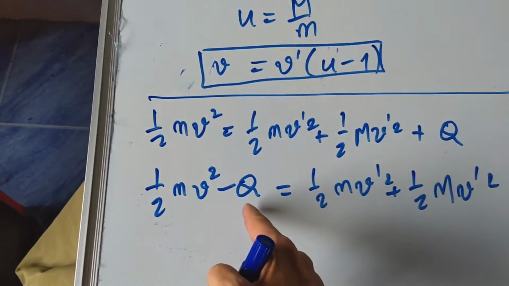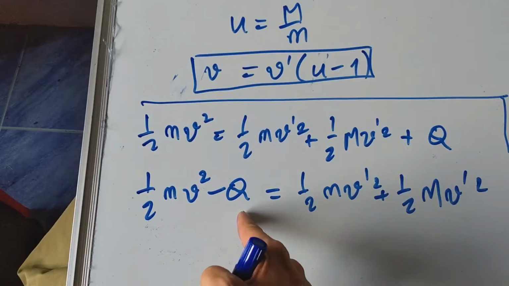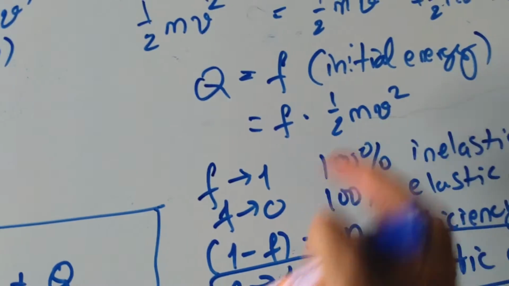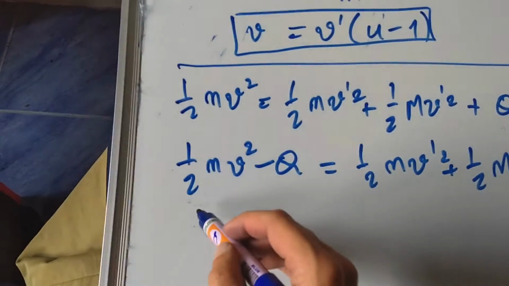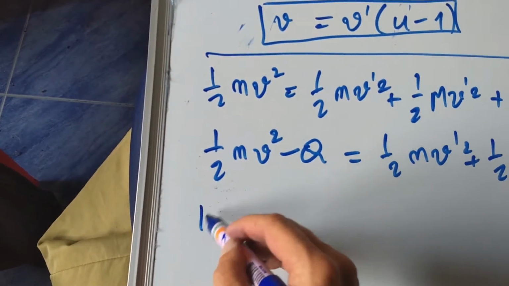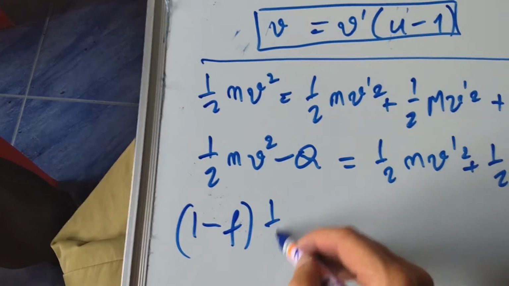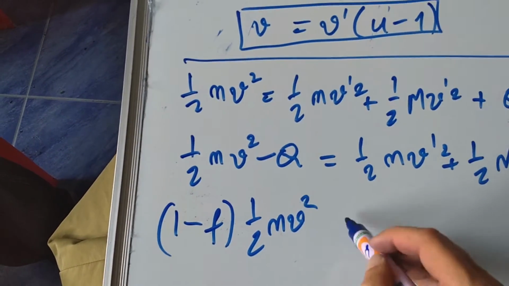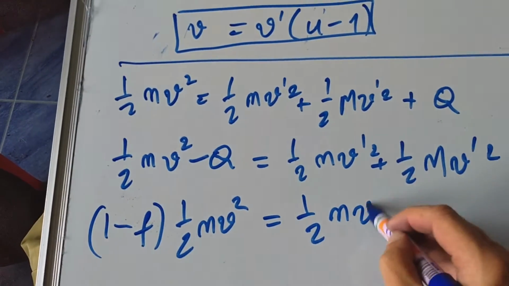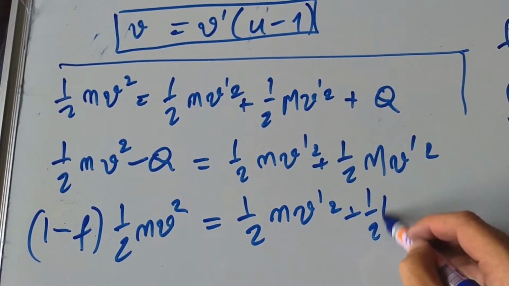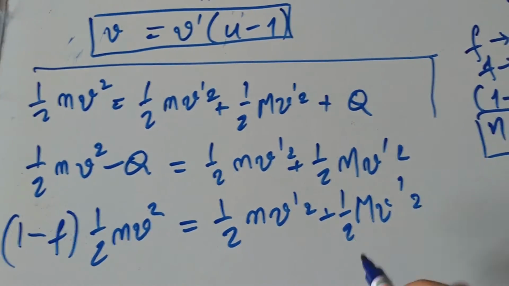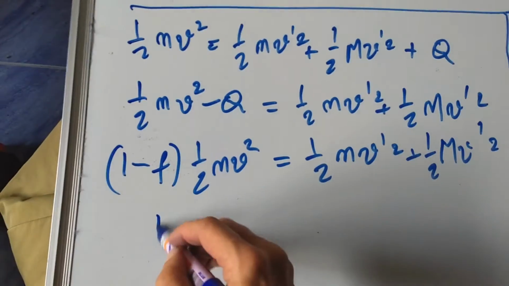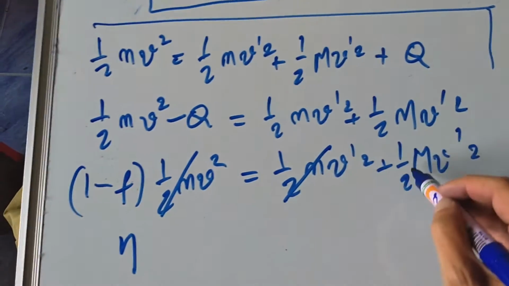First of all, let's take care of this Q. This Q, as we said before, is F times the initial kinetic energy. So I can factor this out. 1 minus F times 1/2 mv squared is 1/2 m v prime squared plus 1/2 big M v prime squared. Great, that's efficiency.